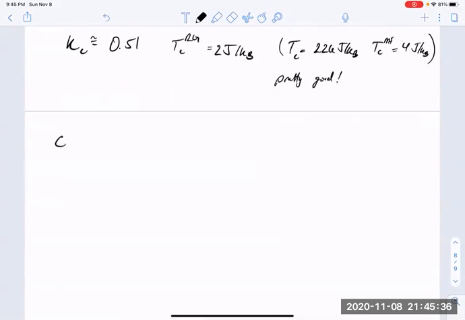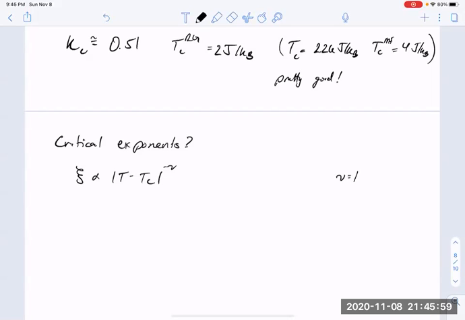What about critical exponents? How about our correlation length exponent, which we know goes like t minus tc to the minus nu. In 2 dimensions, we expect nu to be 1.